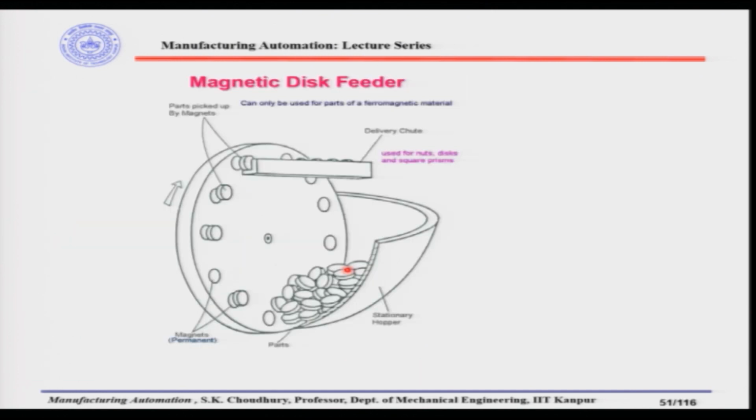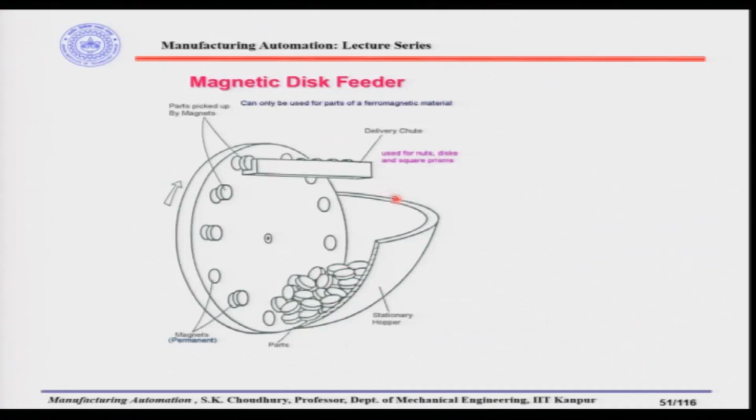Well, the next feeder is the magnetic disc feeder, which, as the name itself says, has permanent magnets. First of all, there is a bowl here, this is the stationary hopper, and at the base of the hopper there are parts of ferromagnetic material, because they have to stick to the permanent magnets which are located in each of these groups of the disc, and the disc is rotating perpendicular to this bowl feeder about this axis.